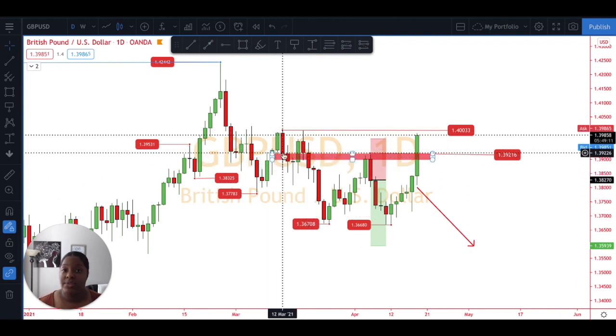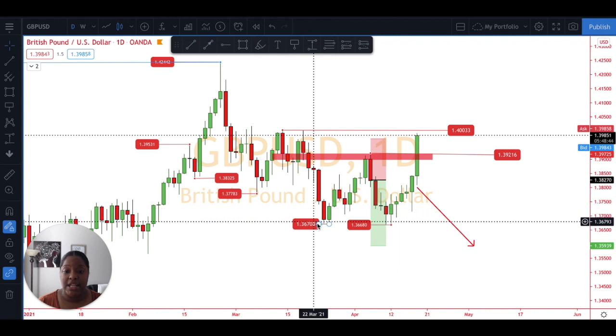Now, I could have sold up here as well, and this is going to be specific to you as well. Notice how I'm only using one time frame to find information, because the higher in time frames you go, the more confirmation that you're going to see in one candlestick versus a lot of candlesticks on a lower time frame. So now with that being said, price drops and it decreases.